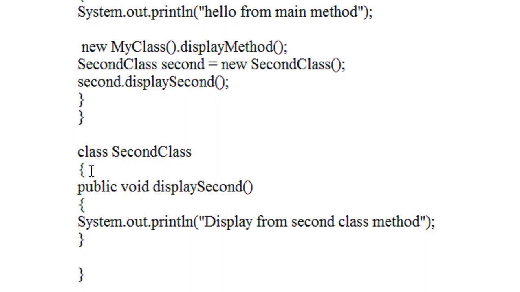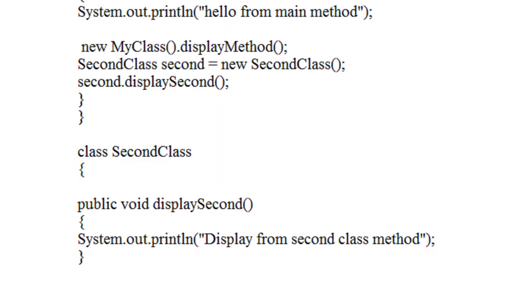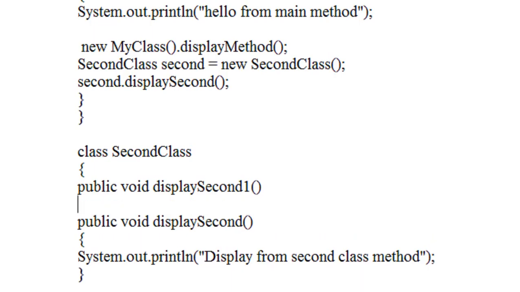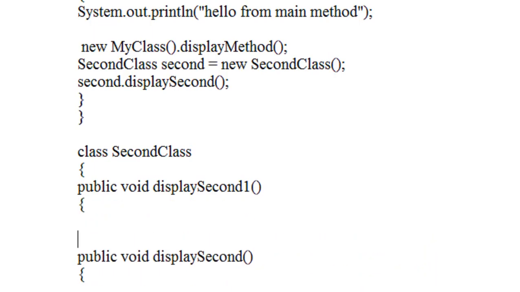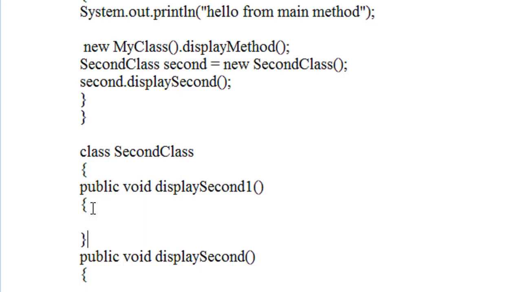Now I am going to create one more method in the second class, public void display second one. Also, I just print a message inside that method.